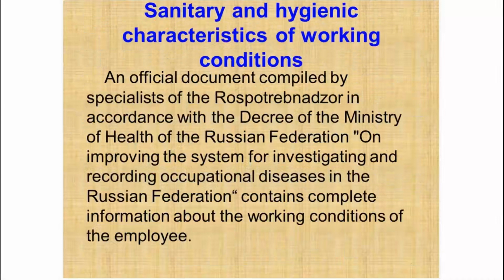An official document completed by specialists of the Rospotrebnadzor in accordance with the decree of the Ministry of Health of the Russian Federation on improving the system for investigating and recording occupational diseases in the Russian Federation. Contains complete information about the working conditions of the employee.